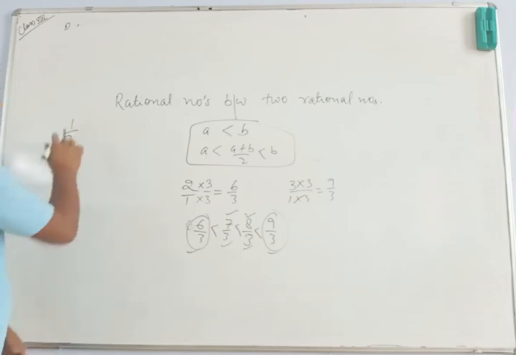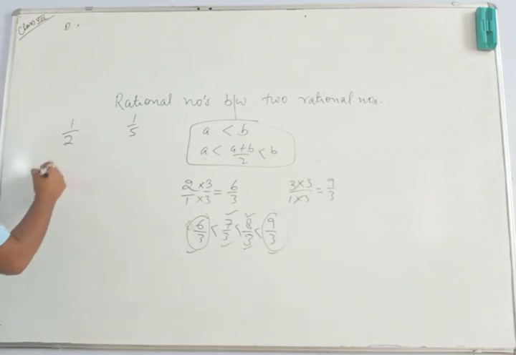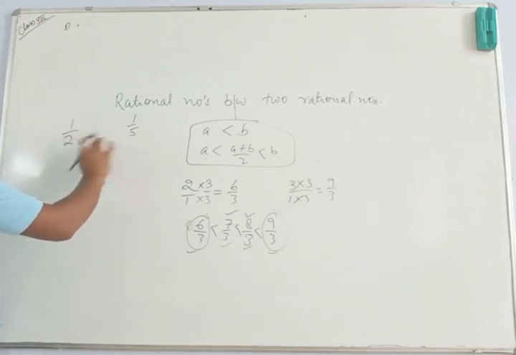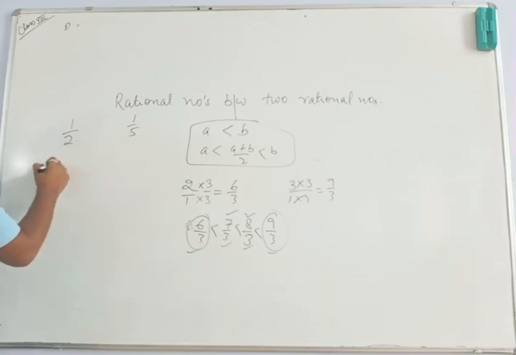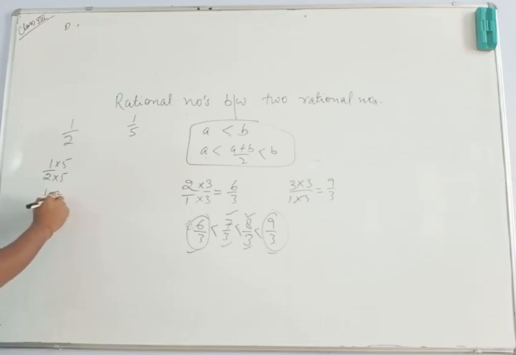Let us take another example: between 1 upon 2 and 1 upon 5, find some rational numbers. So what we will do is equate the denominators of these two. How? We will multiply this one by 5 in the numerator and in the denominator, and this one by 2 in the numerator and in the denominator.